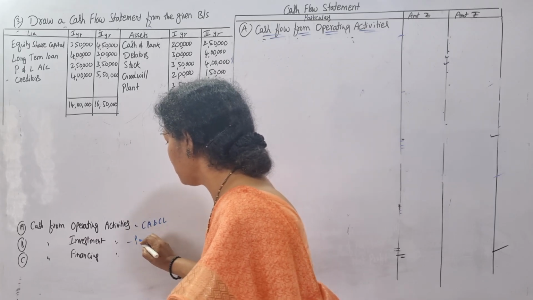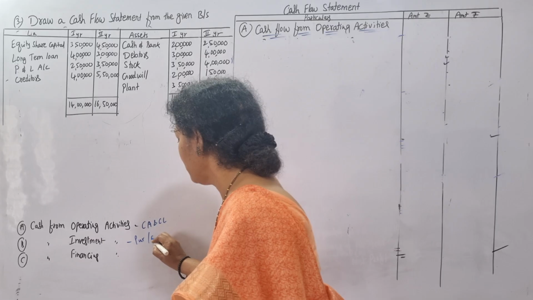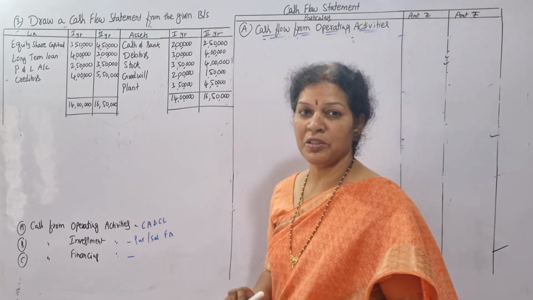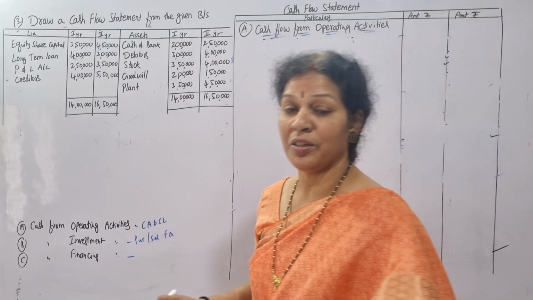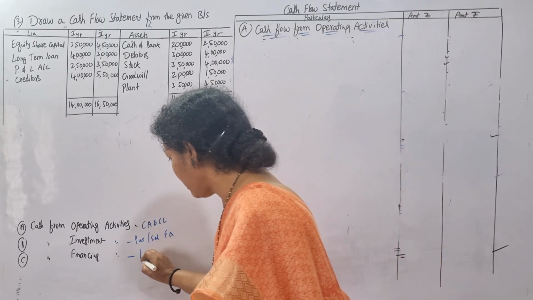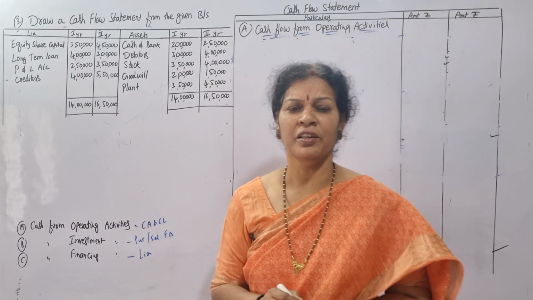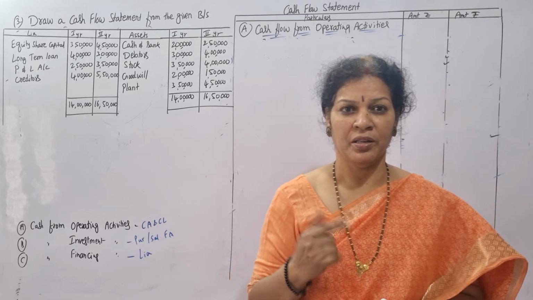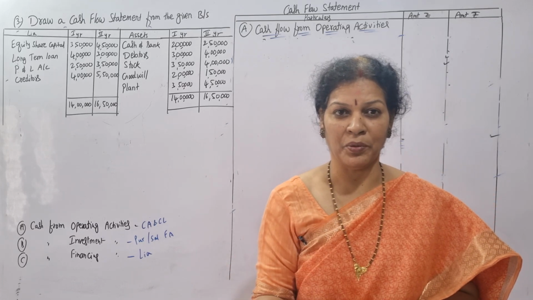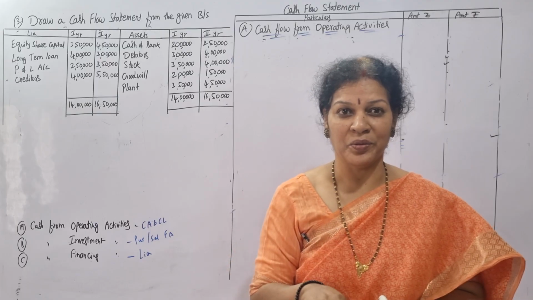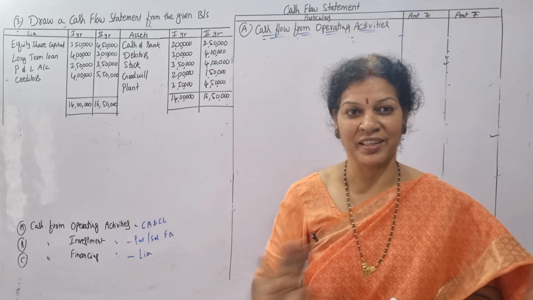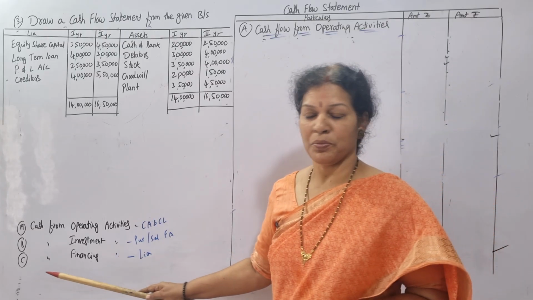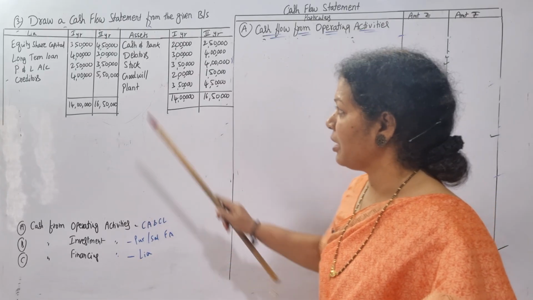Investing activity means purchase or sale of fixed assets, and financing activities means always the liability side, especially issue of share capital or redemption of share capital, debentures, payment of loan, raising loan, payment of dividend. These activities we take in the financing activities, cash flows from financing activities.